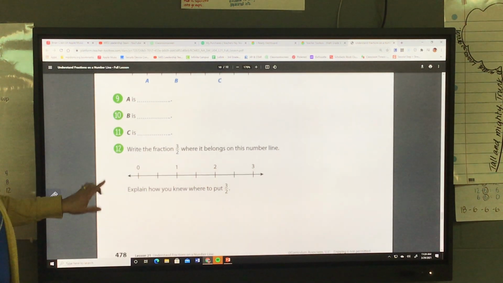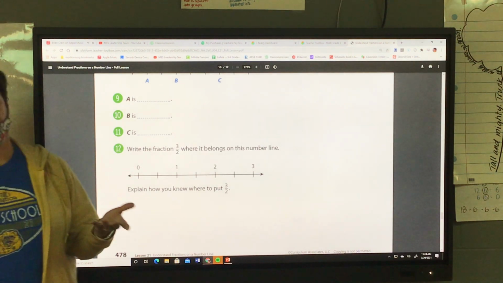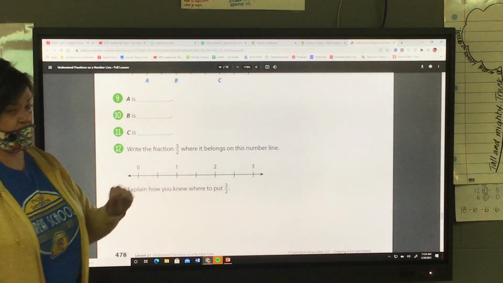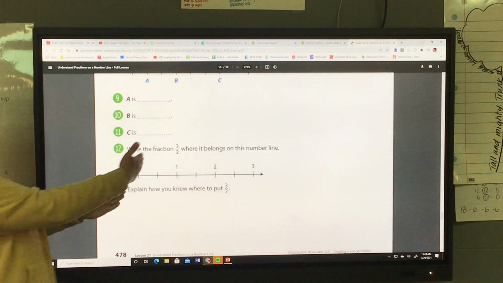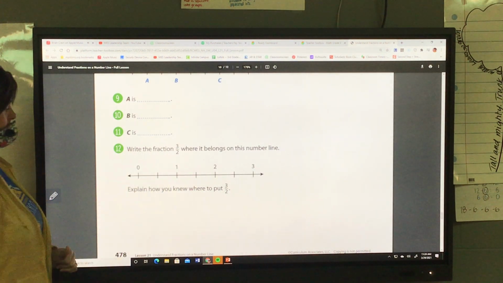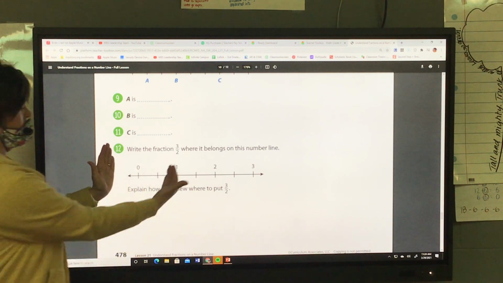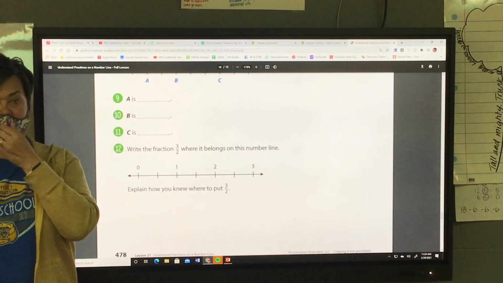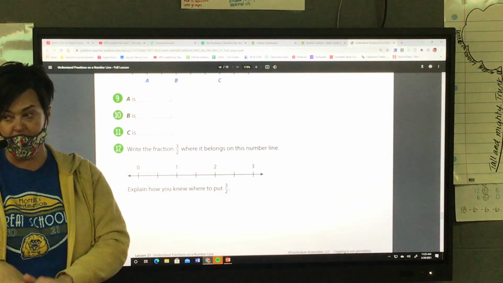Okay, now on 12, we're going to have to write the fraction 3 halves on this number line. So look between 0 and 1. Do you see how many equal parts there are between 0 and 1? However many equal parts there are, that's your denominator.